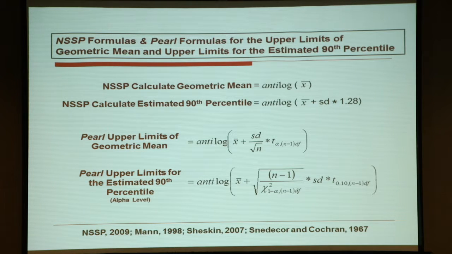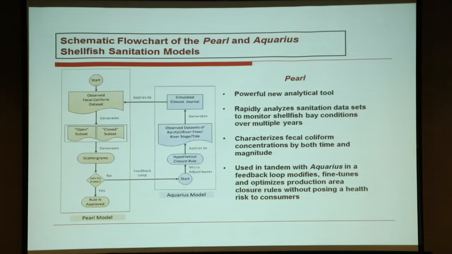However, our models also employ additional non-regression equations to calculate the upper limits of the geometric mean and the upper limits of the estimated 90th percentile. These additions consider sample size, increase the sensitivity of analysis, and reduce error. The heart of our 3 models are these Pearl formulas.